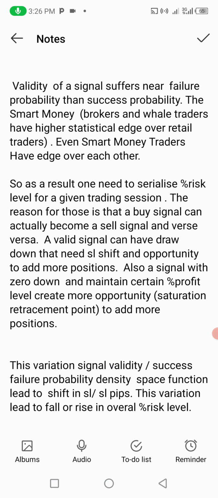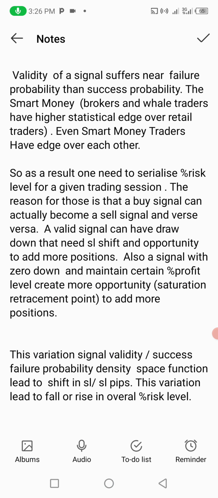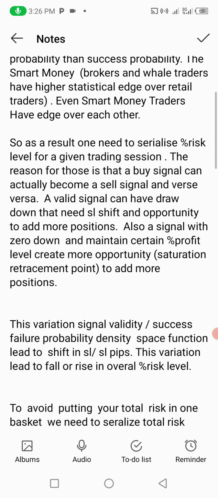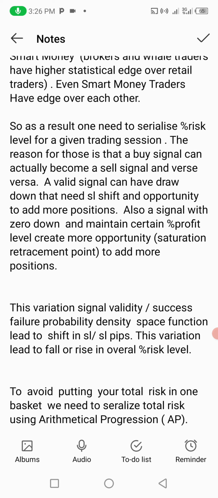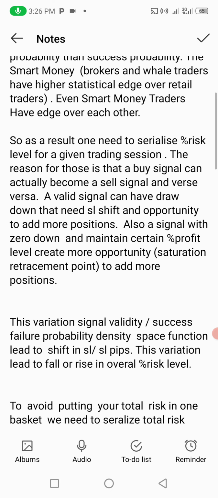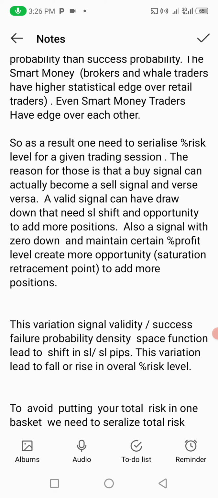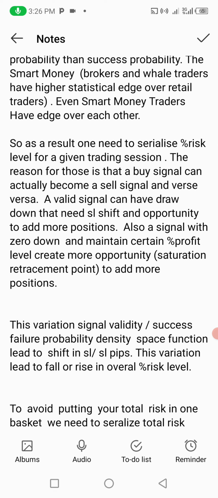The smart money like brokers or well traders have higher statistical edge over traders. Even smart money traders have edge over each other, like JP Morgan trading against Goldman Sachs.